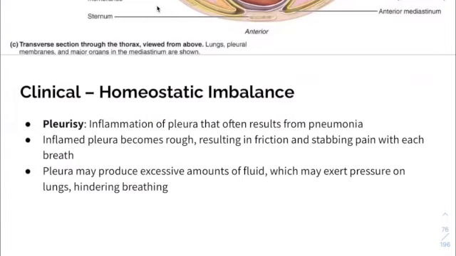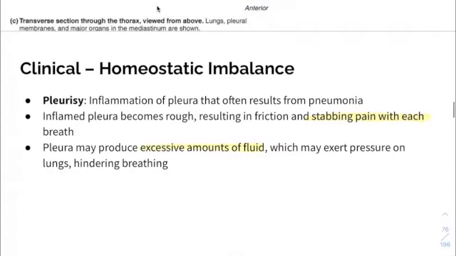You may get a stabbing pain every time you take a breath, or it could produce too much fluid, which can make it really hard to breathe. You don't have enough space for your lungs to expand correctly to breathe.